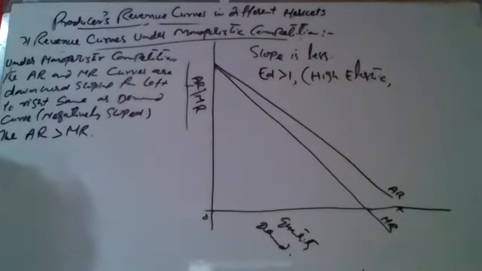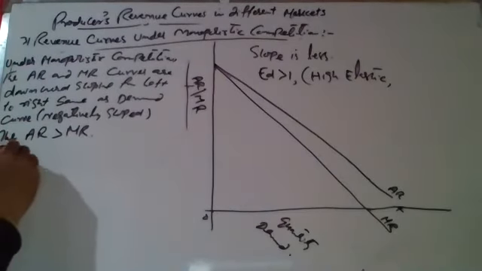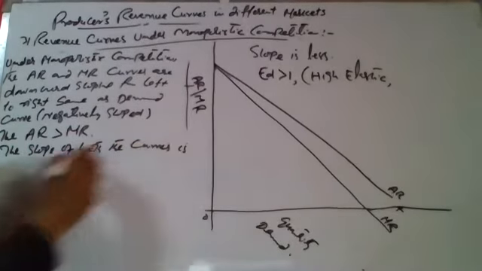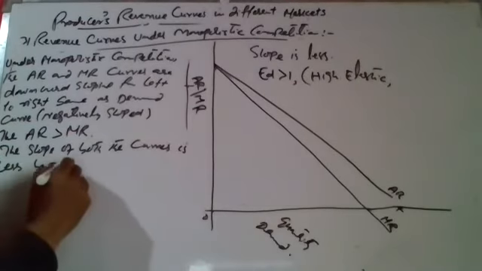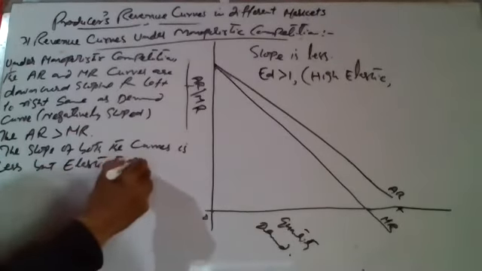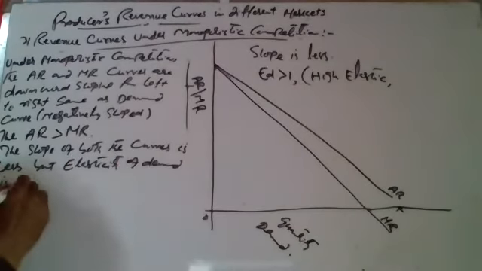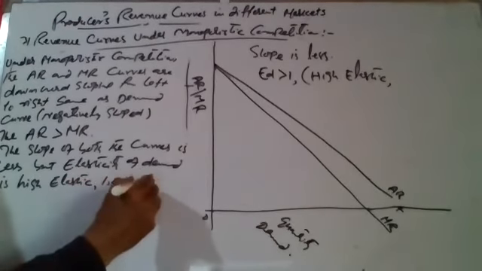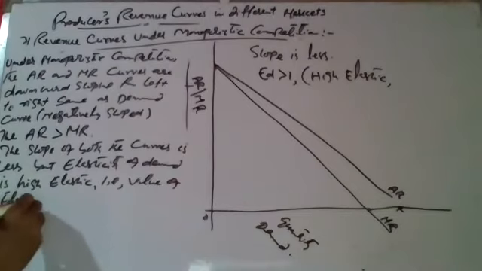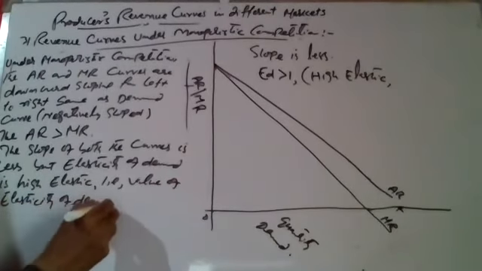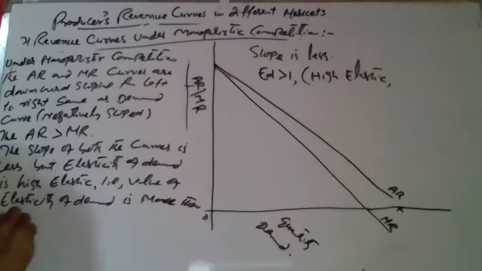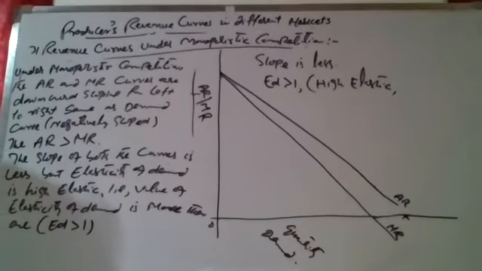The slope of both the curves is less, but elasticity of demand is high elastic, that is the value of elasticity of demand is more than 1. Elasticity of demand is more than 1.